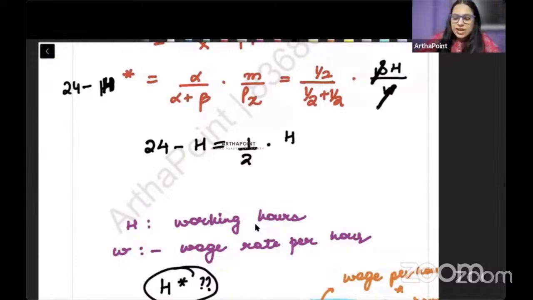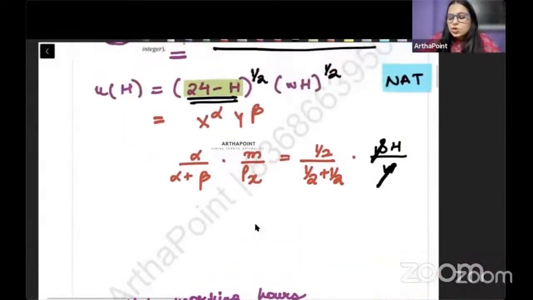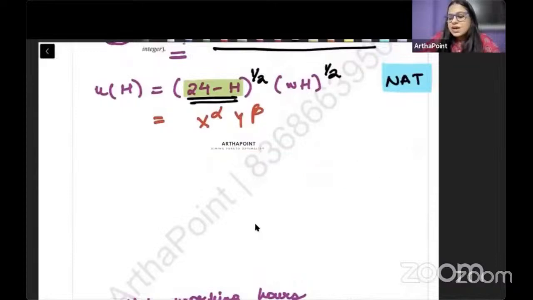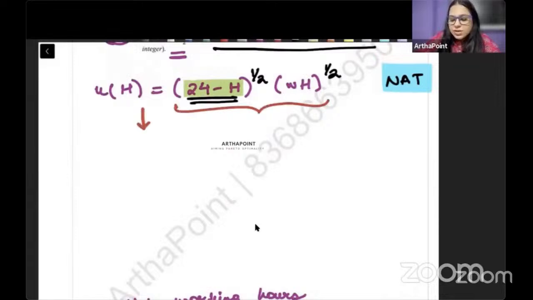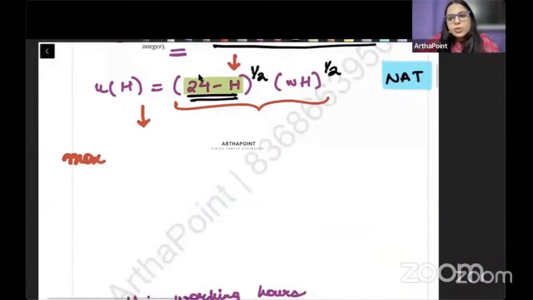Another thing which you can do, and which usually I do, is simply try to maximize this utility function without taking anything like this into consideration. This is my utility function given to me, and I will simply maximize this. The only constraint I have in mind is h. So just maximize it. कैसे maximize करते हैं हम? Differentiate करते हैं और equate to 0 करते हैं.